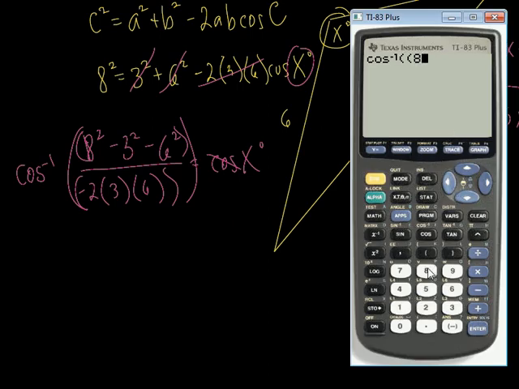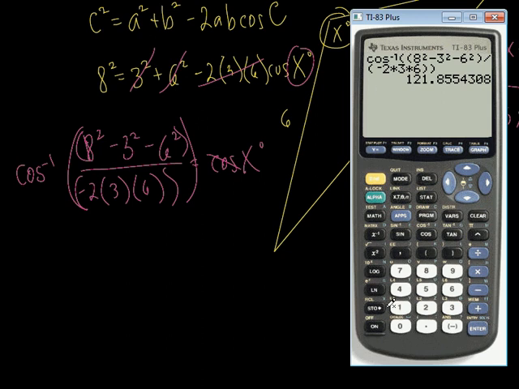We got 8 squared minus 3 squared minus 6 squared, right? Close that parentheses. And then divided by, right? Because it's that parentheses divided by this parentheses down here. Put another parentheses. Negative 2 times 3 times 6. Close that parentheses. That parentheses closes the bottom, but then this parentheses closes the whole thing. And watch, hit enter, and boom, there it is.